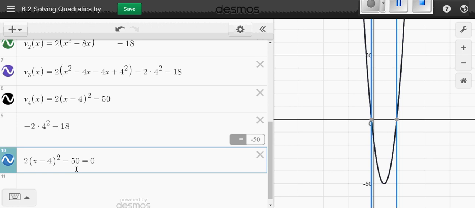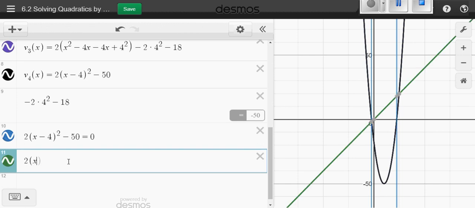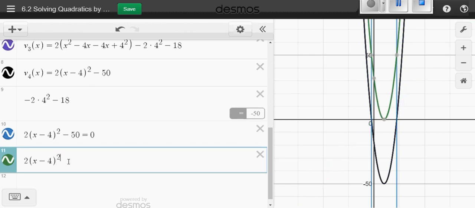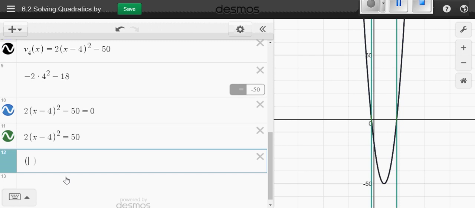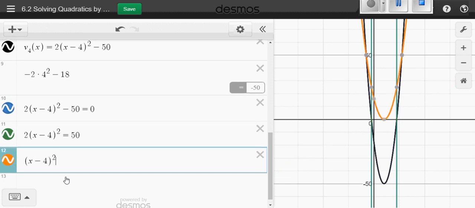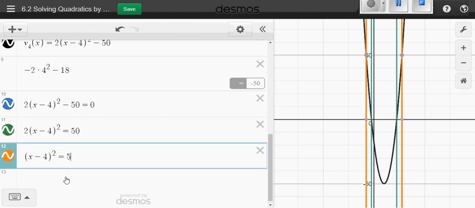But we'd have to manipulate this. So we'd add the 50, and this would equal 50. Then I'd have to divide by 2, which is 50 divided by 2, which is 25.